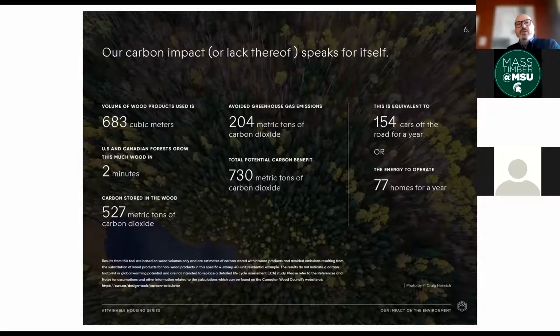And then there's another 204 metric tons of avoided greenhouse gas emissions. Had we built this building out of concrete and steel, that would be another 240 metric tons of carbon dioxide that would have been spewed into the atmosphere. So the total benefit is about 730 metric tons of carbon dioxide, which is the equivalent of removing about 154 cars off the road per year. Next slide.